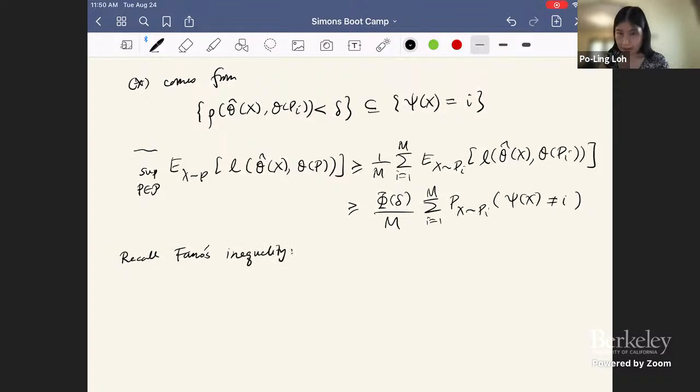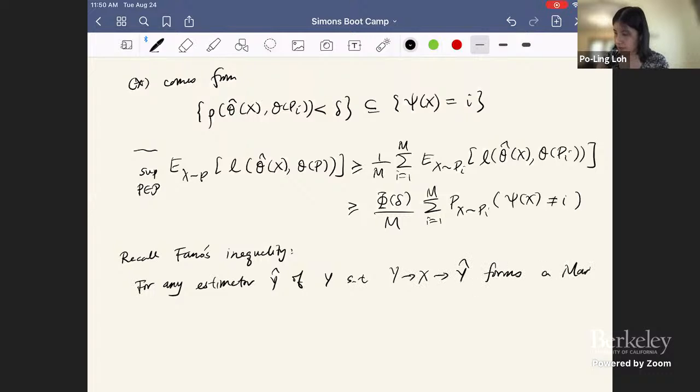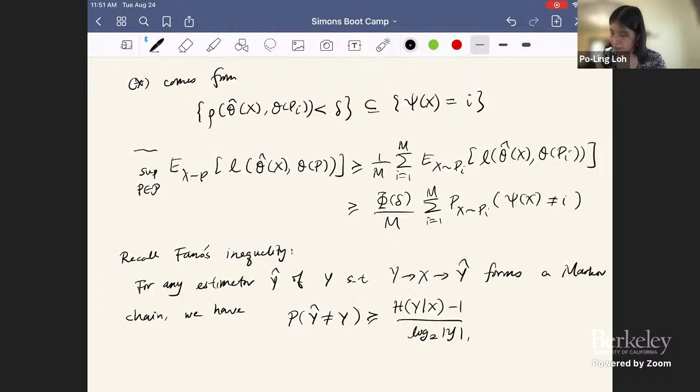It says that for any estimator y hat of y, such that y to x to y hat forms a Markov chain, we have that the probability y hat is not equal to y is lower bounded by h of y given x minus 1 over log base 2 of script y, where script y is the range of y.